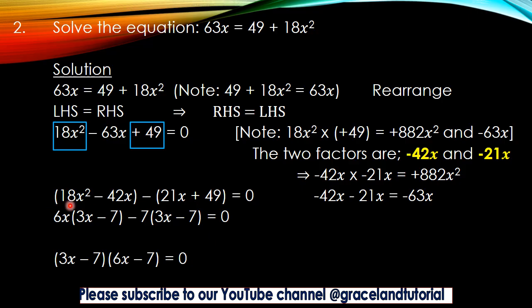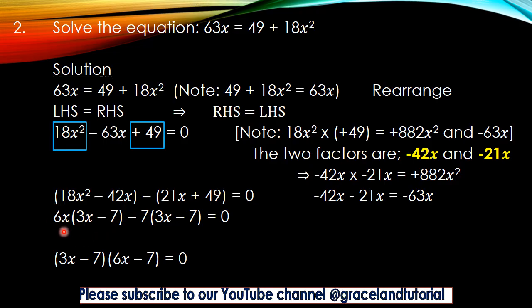Now, the first one, you have 18x squared minus 42x. What is common to both? What number can divide 18 and also 42? That is going to be 6. Then, as you can see, we have x squared and also x, so x is also common to both.